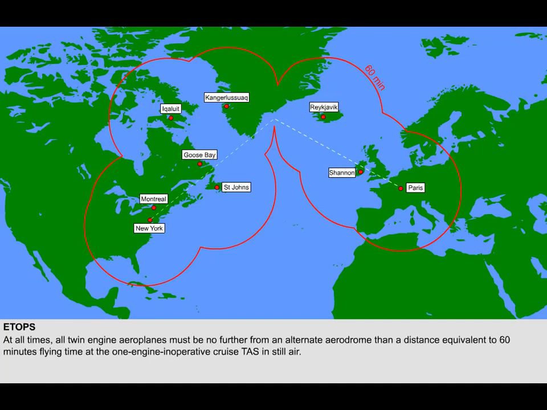Therefore, at all points on the route, a twin-engine aeroplane must be within 60 minutes of an alternate airfield. This regulation has a significant impact on flight routes, especially over the sea. In the example on screen, you can see that a direct track to North America from Europe is not possible.